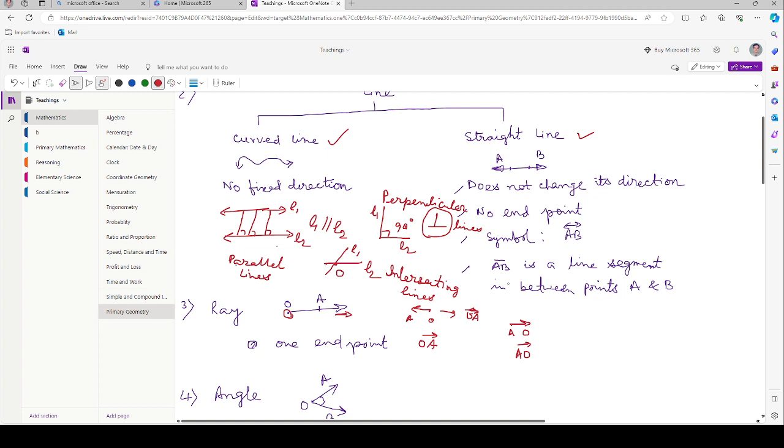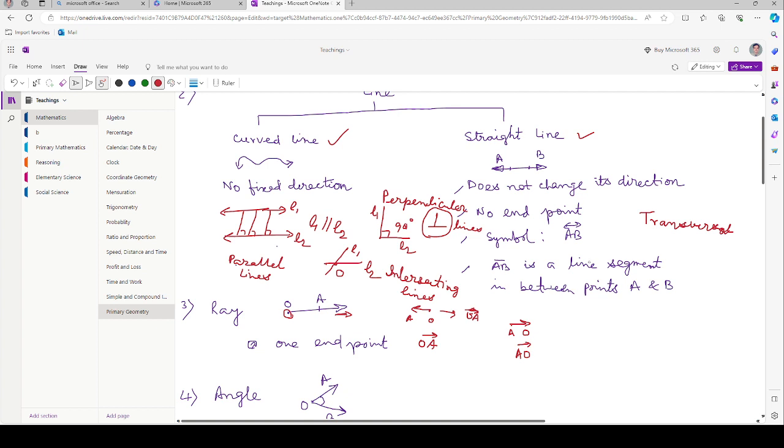Another type is, I am writing here, transversal.